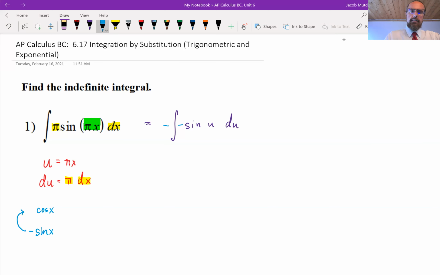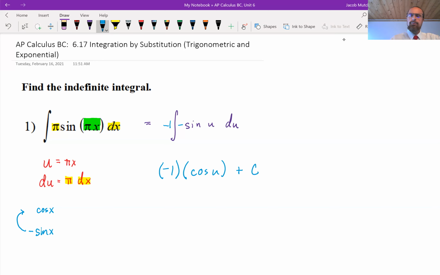Negative 1. In fact, I should probably put that as a negative 1. So the negative 1's there, times cosine of u, which is all in order now since this is represented as negative sine of u, and then plus c.